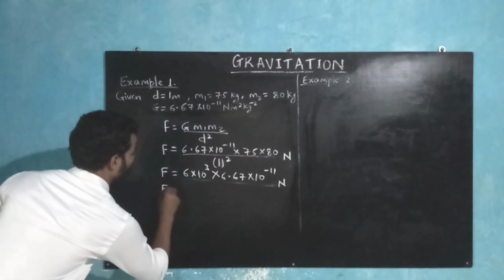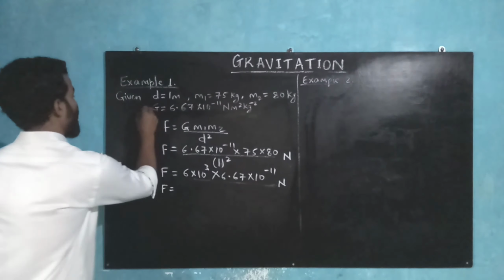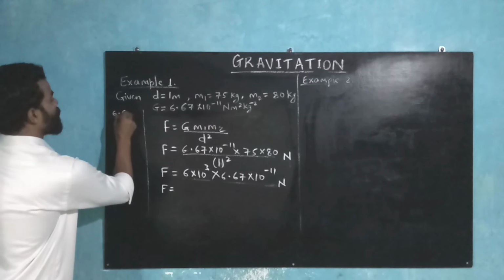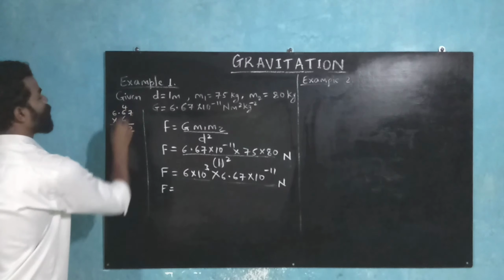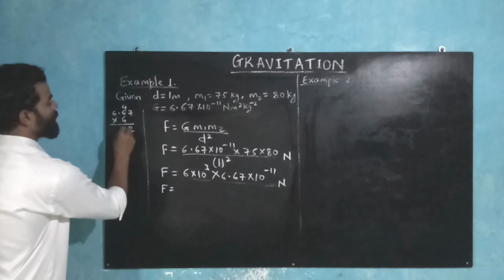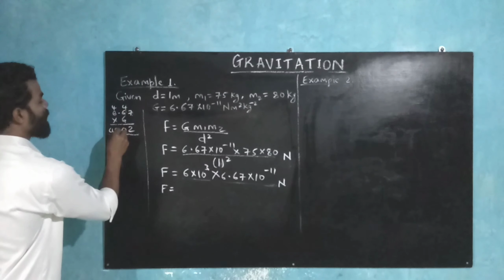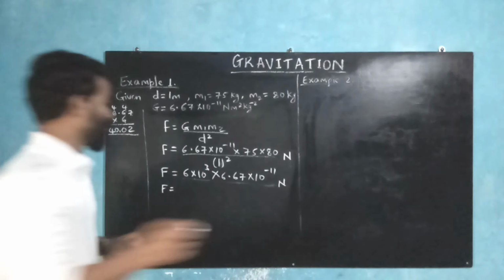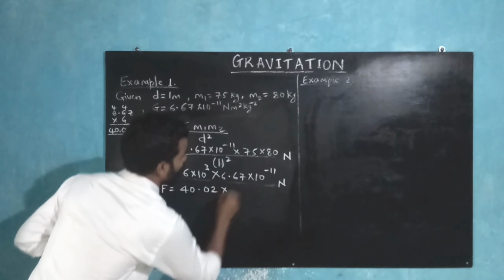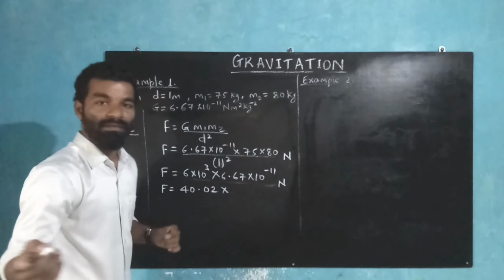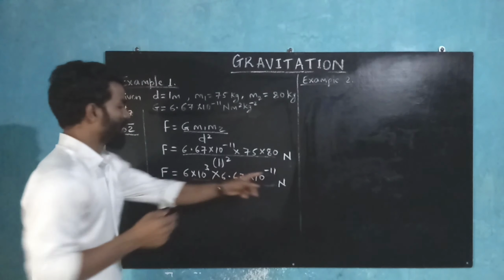So F equal to, next we have to multiply 6 into 6.67. 7 6s are 42, carry 4, 6 6s are 36 plus 4 is 40. With two decimal places, it is 40.02. So this will be 40.02 into 10 raised to minus 11 plus 3. 11 minus 3 is what? 8, and the sign of the greater number.